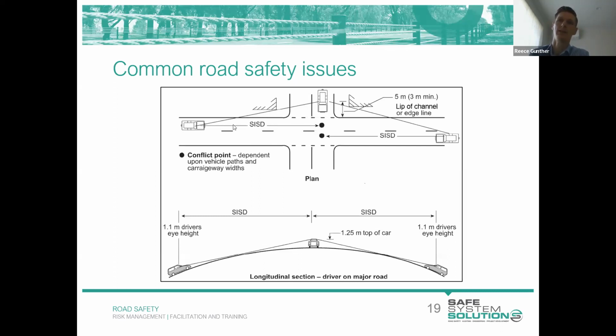Anything inside that sight triangle, whether it be vegetation, poles, parking and the like, that may be reducing the sight line to that location has to be removed for it to be deemed safe or compliant with SISD. The same is done for the opposite direction. So in the horizontal sense, anything inside this triangle would be required to be removed.